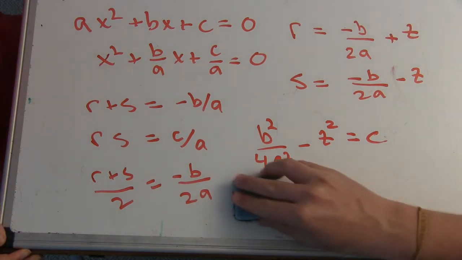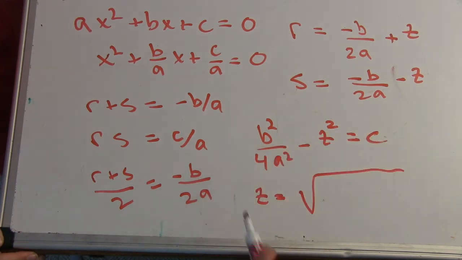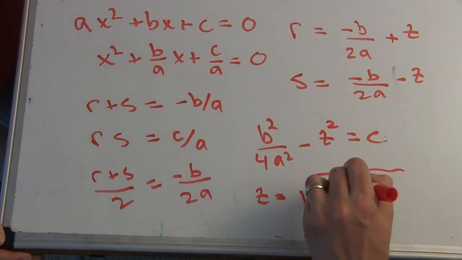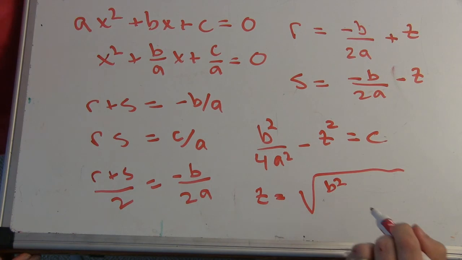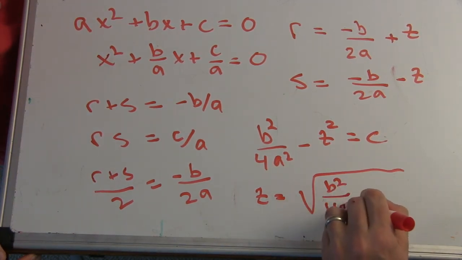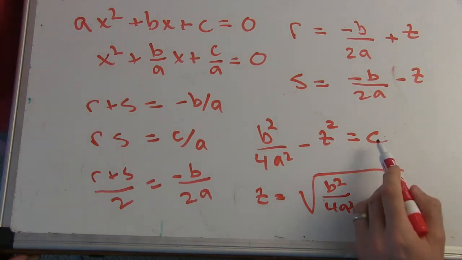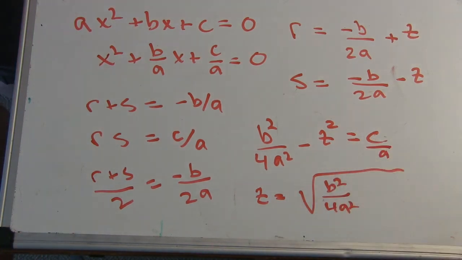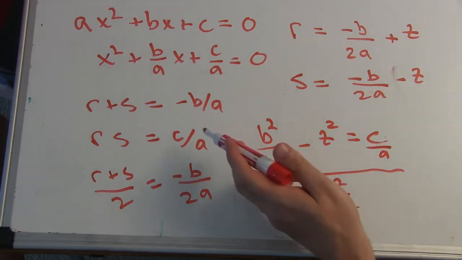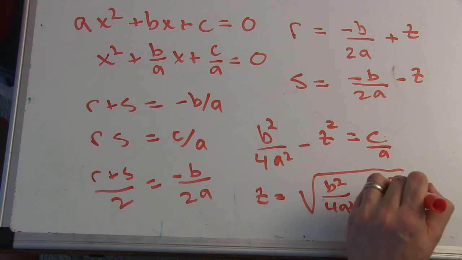So z equals the square root of b squared over 4a squared minus c over a. Sorry, I forgot this is c over a.